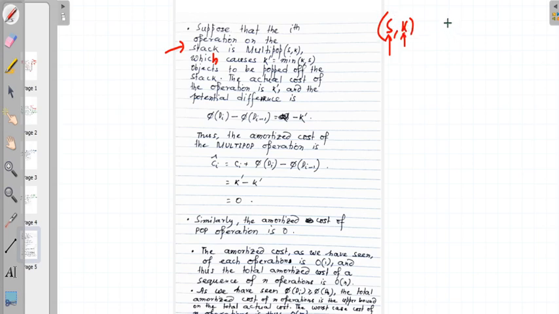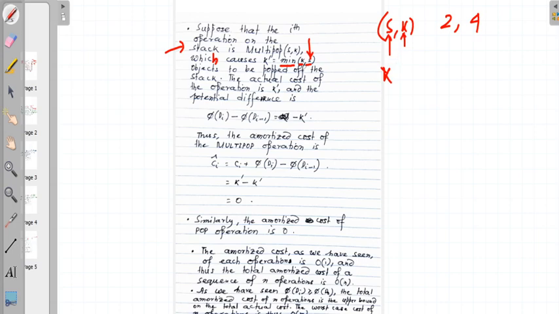We have seen that if the stack is containing 2 elements and I am trying to pop 4 elements, then the minimum of these 2 will be popped off, because the stack cannot be negative. So that is the minimum of s comma k, where small s is the number of elements in the stack and k is the number of elements to be popped. That I am denoting with the variable k prime.